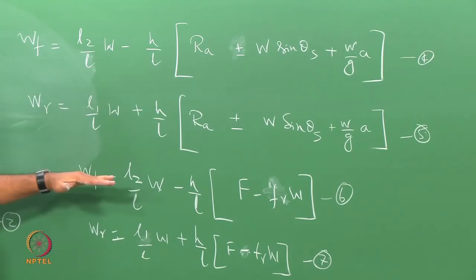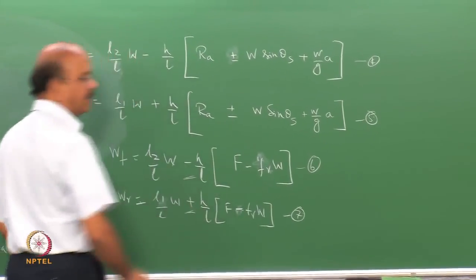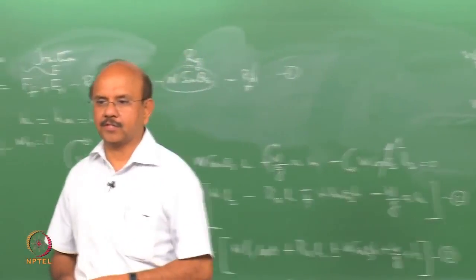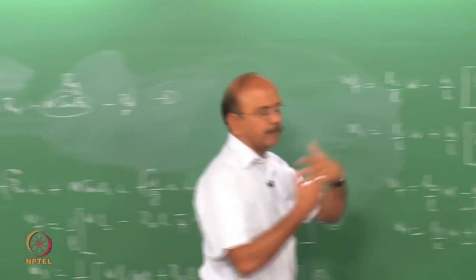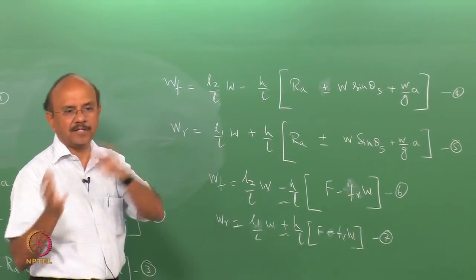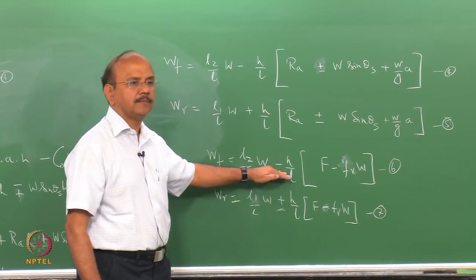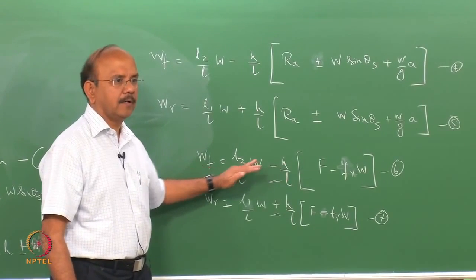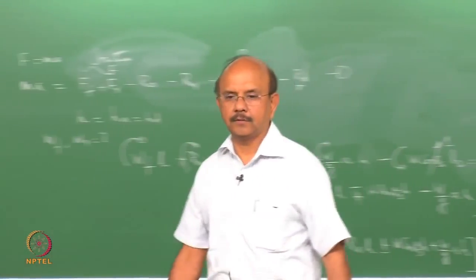Now, it is obvious that when I sum them up, Wf plus Wr has to be W, and that is what has happened here. You see a minus sign here and a plus sign here, which we experience every day when you accelerate: your weight goes back, or there is a redistribution of weights in the vehicle, so the front wheel loses some of the reaction, and the rear gains this reaction, okay.